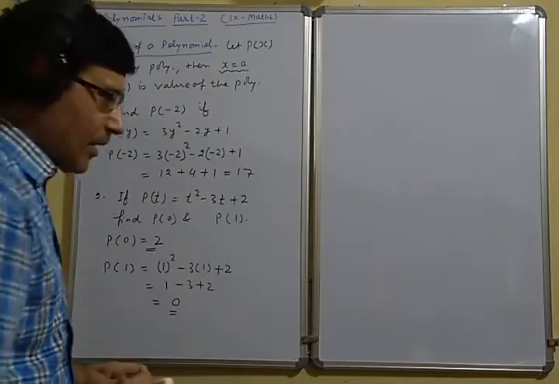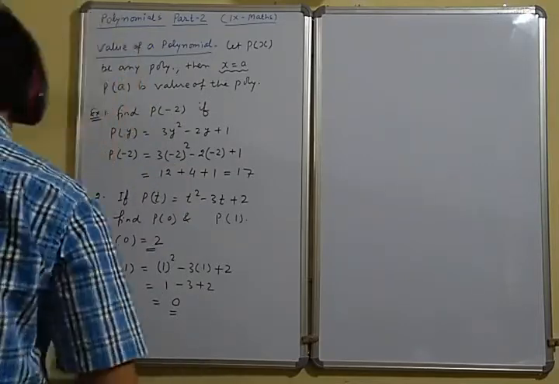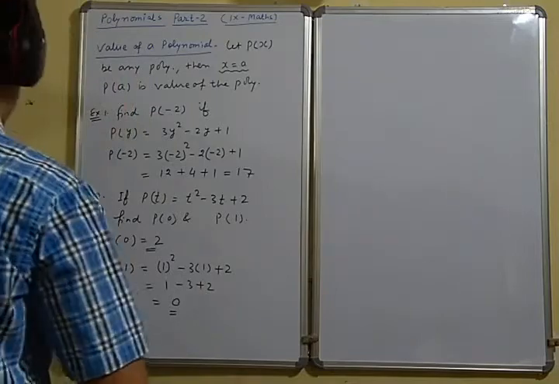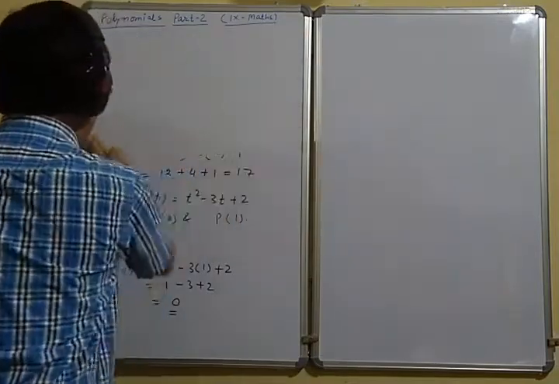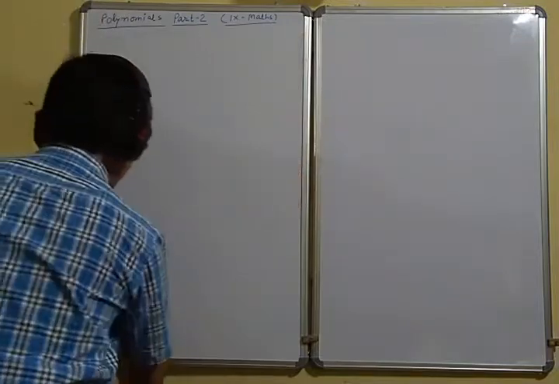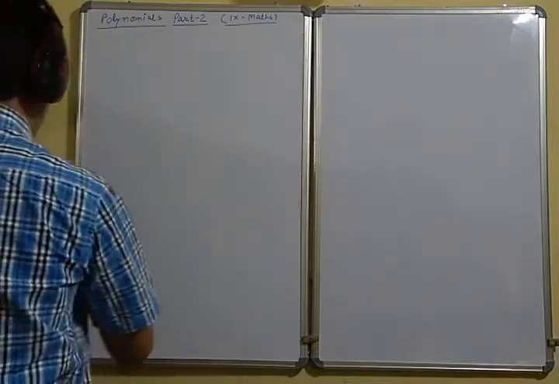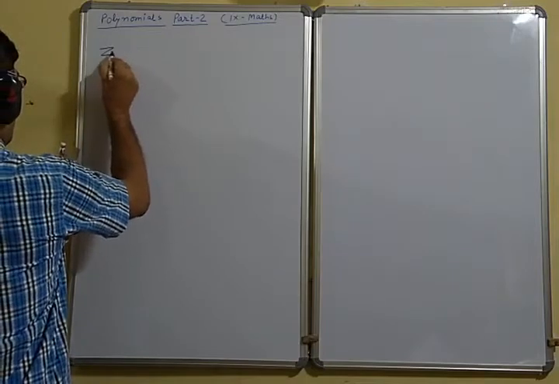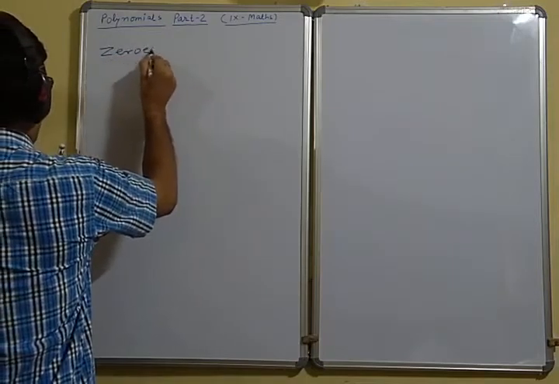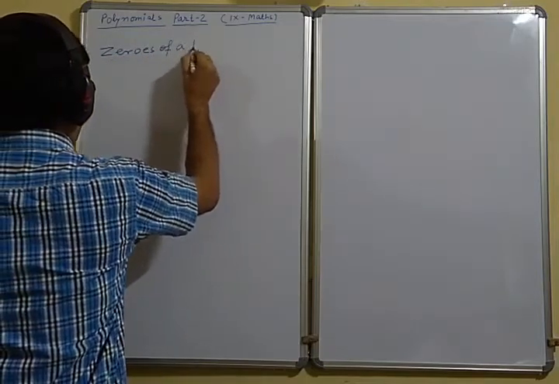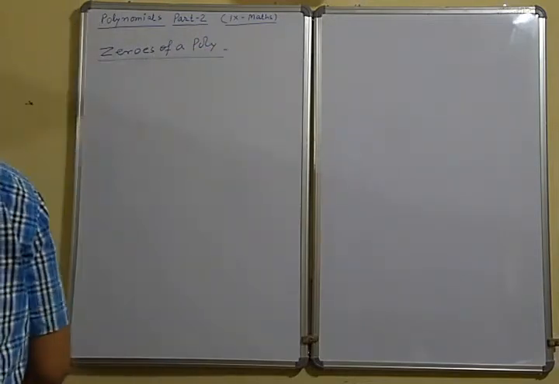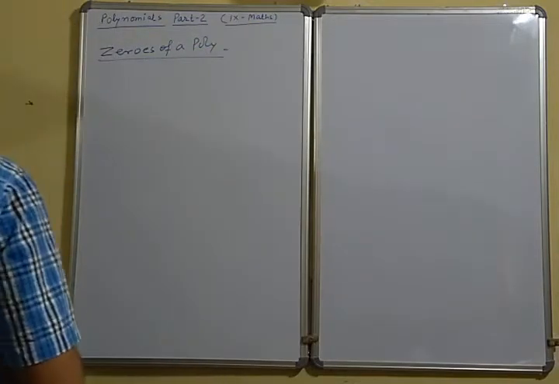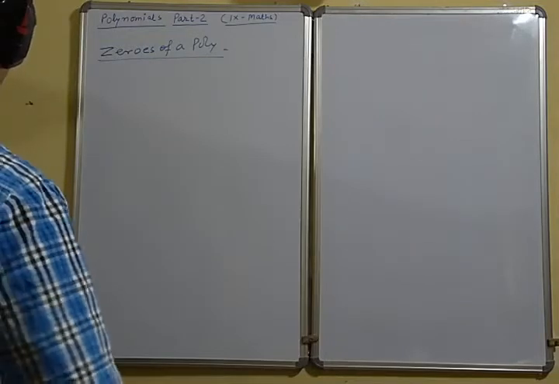Now the next topic that we have to discuss is zeros of a polynomial.